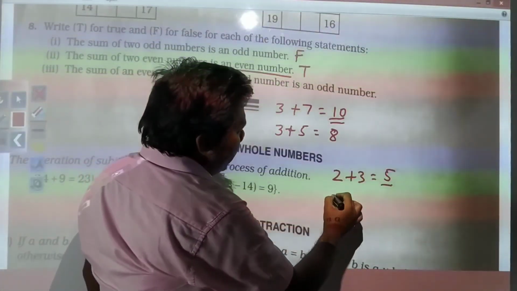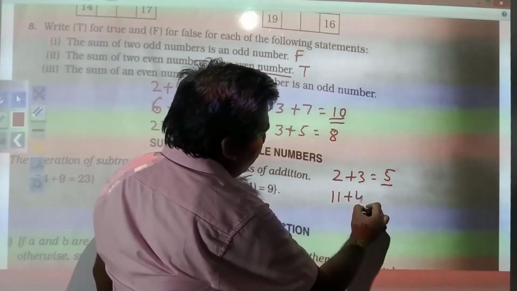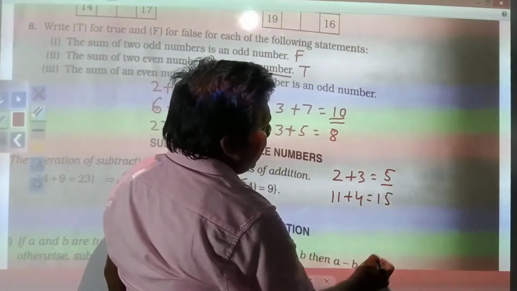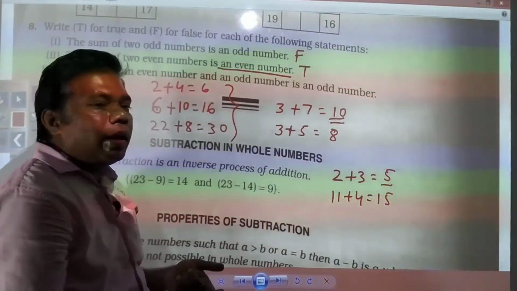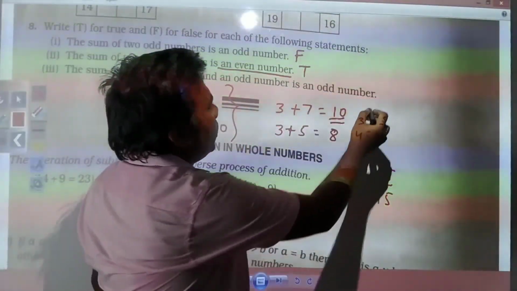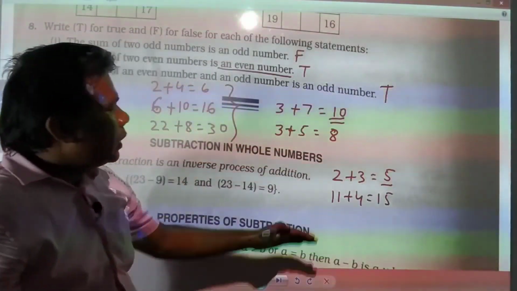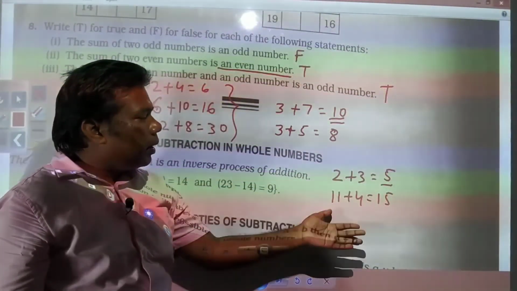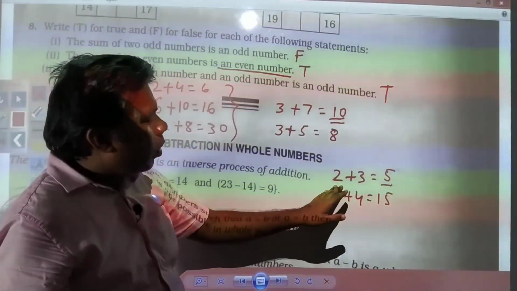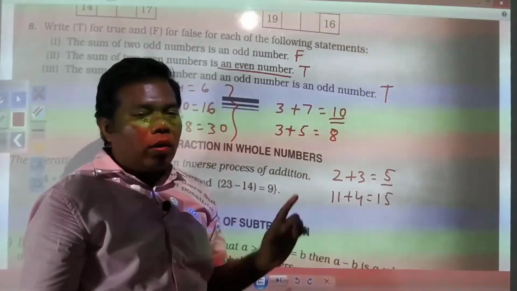Any other numbers you take, suppose 11 plus 4, odd number and even number, what have we got? 15. It means if we add any even and odd number, we get an odd number. So this is true. In this way you need to find out by yourself. Some other bigger numbers also you can put and find out: if odd and even numbers are added, you will get odd numbers.